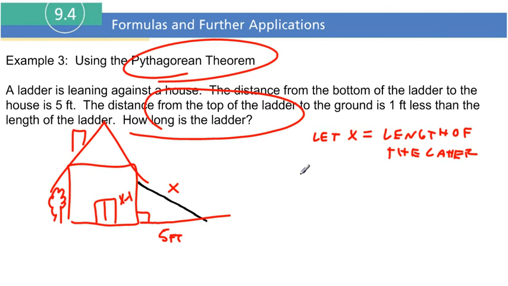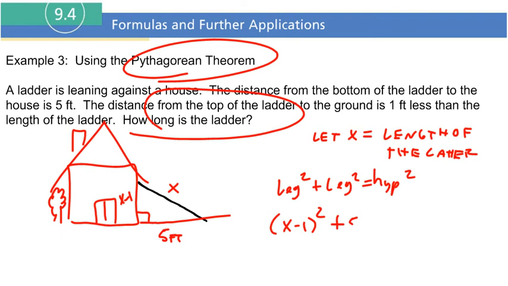The Pythagorean theorem means leg squared plus leg squared equals hypotenuse squared. I think we reviewed this in chapter 8. Our legs are always the sides that connect to the right angle. So that's a leg and that's a leg. So we'll do x minus 1 squared plus my other leg, 5 squared, equals hypotenuse squared, x squared.